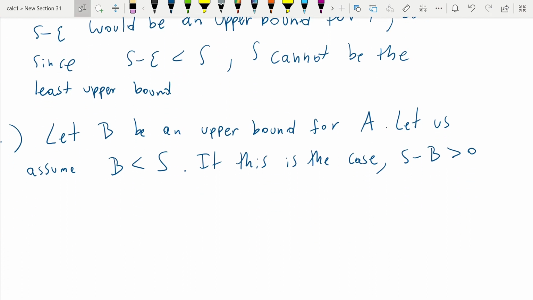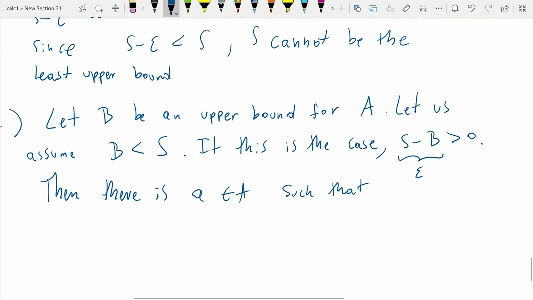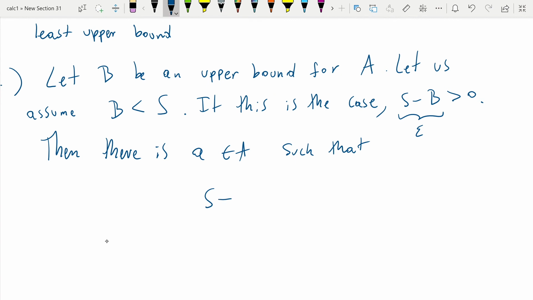So we set this to be equal to epsilon. And since epsilon is greater than 0, then there is some a in A such that S minus epsilon, which is equal to S minus B, is smaller than a.